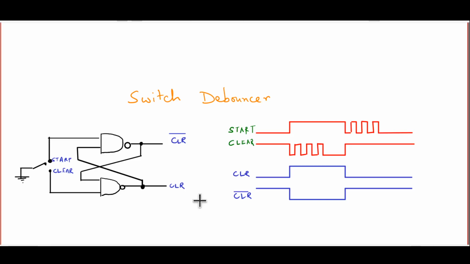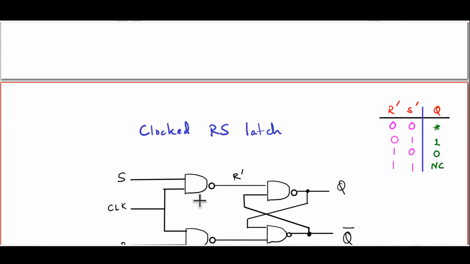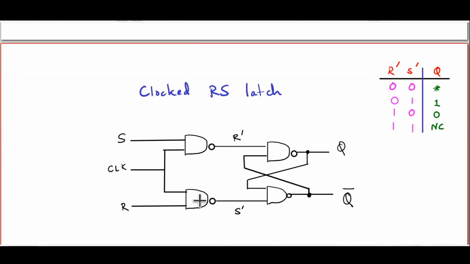Now, the simplest possible flip-flop with a clock would be a clocked RS flip-flop. Here I am showing you a circuit of a clocked RS latch which uses NAND gates for its implementation. Notice that this thing here is our original RS latch.